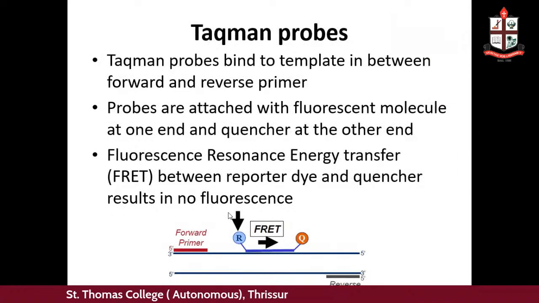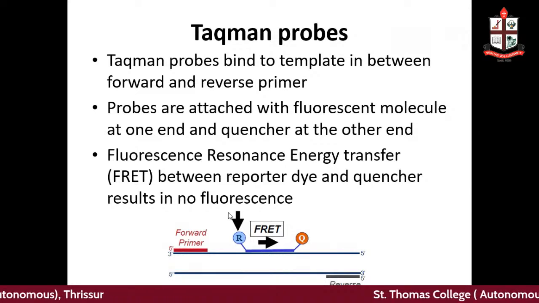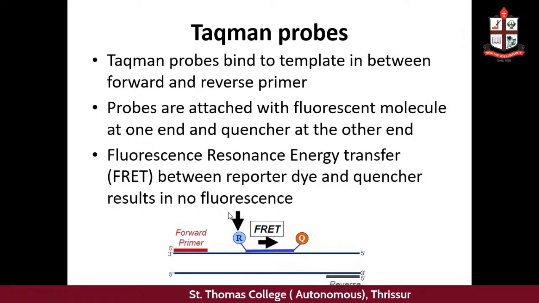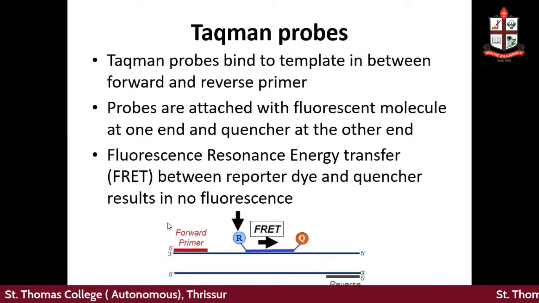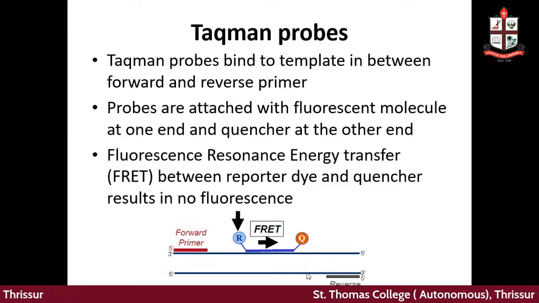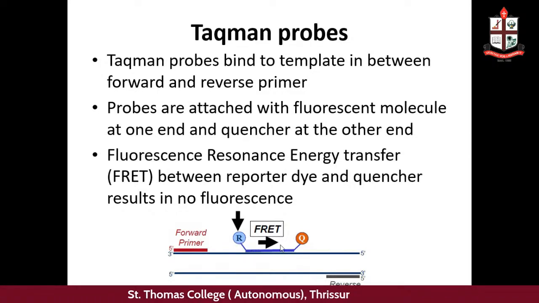Okay, next is TaqMan probes. TaqMan probes are expensive, but they are very specific. The problems I discussed earlier with SYBR Green dye are not there when we use TaqMan probes. Here in TaqMan chemistry, in addition to the forward and reverse primer, we also design a probe, and that probe comes in between the forward and reverse primer.